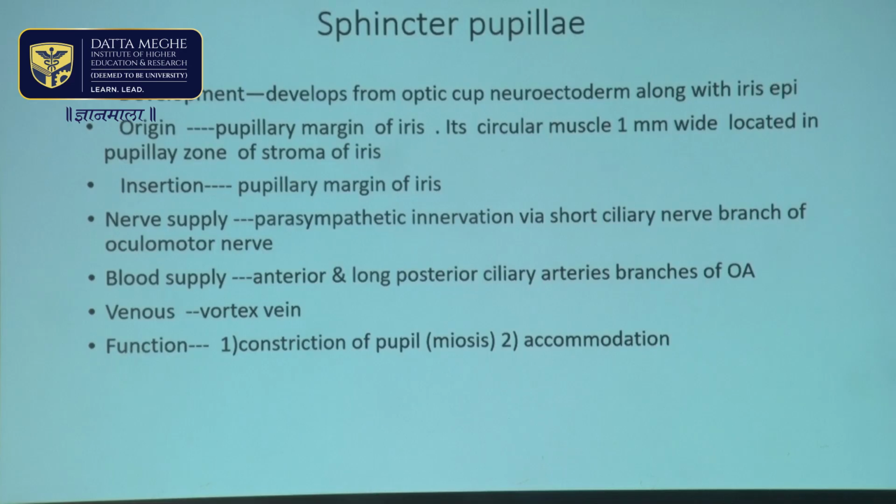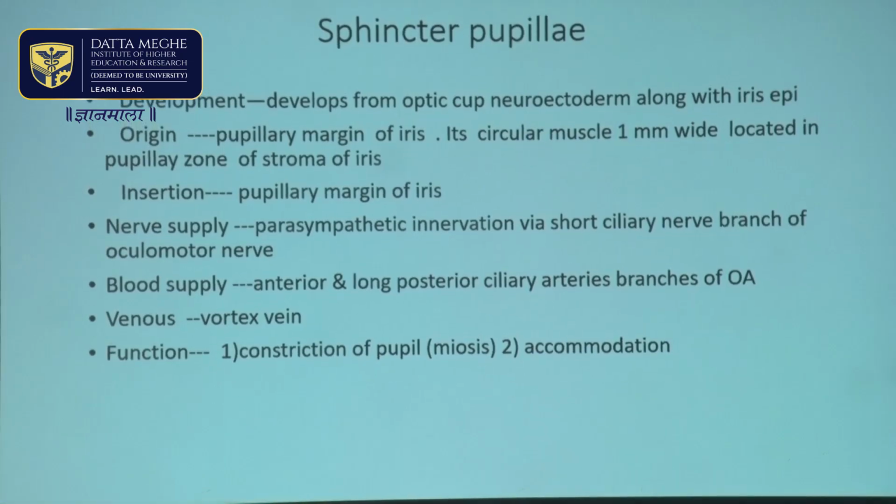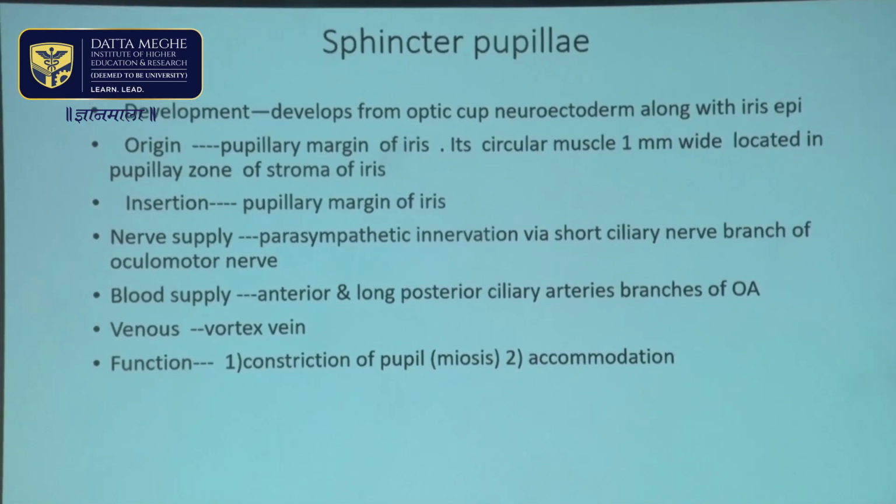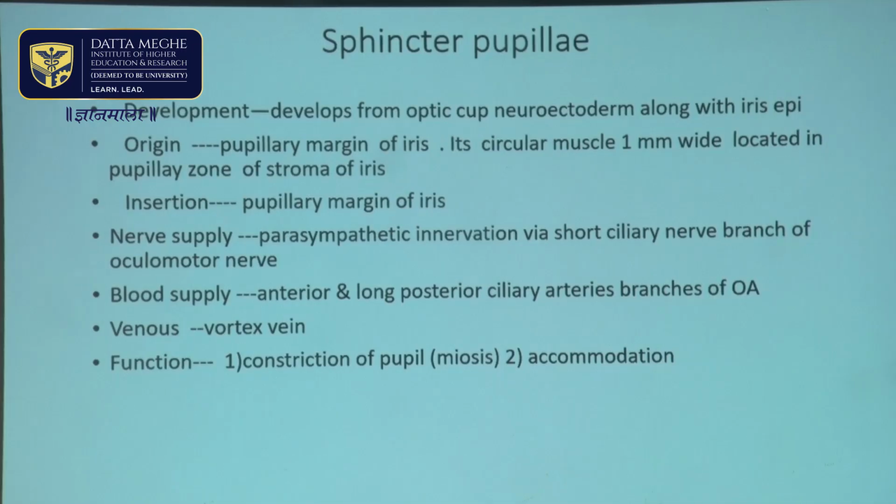Coming to the sphincter pupillae, again an important intraocular muscle. It develops from the optic cup neuroectoderm along with the iris epithelium. It originates from the pupillary margin of the iris. It is a circular muscle 1 millimeter wide located in the pupillary zone of the stroma of the iris. Its insertion is at the pupillary margin of the iris.